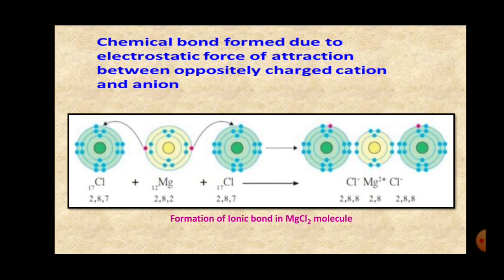Whereas each chlorine atom converts into a chloride ion with charge minus 1, because each chlorine atom has received 1 electron. That means it has received 1 negative charge, and thus the new compound MgCl2 is formed. This is how the new ionic bond between magnesium and chlorine is formed, and the new compound magnesium chloride is formed.